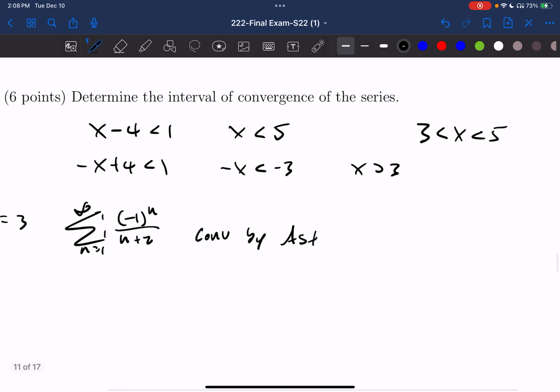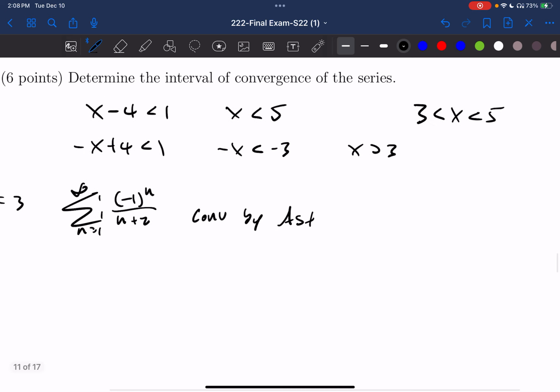To prove this, we already know it is, but to show a little bit of work, we need to say 4 different things for alternating series test.